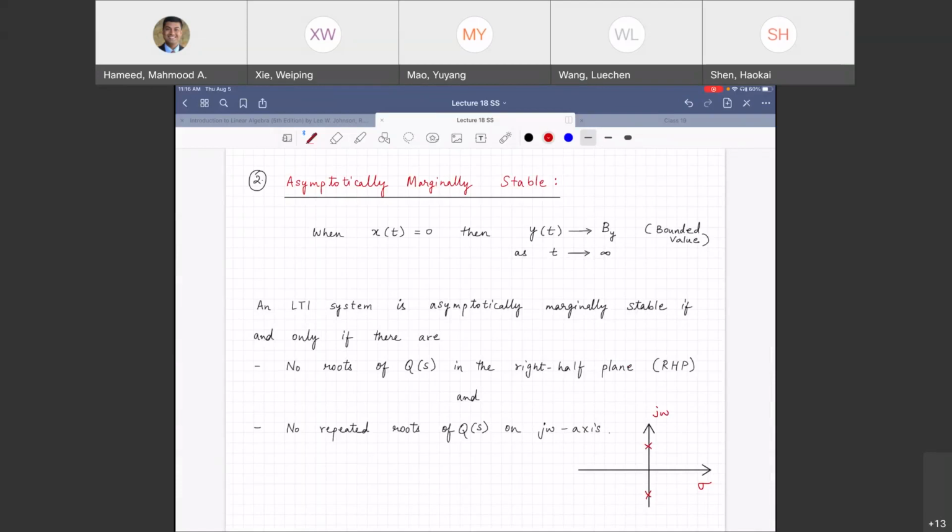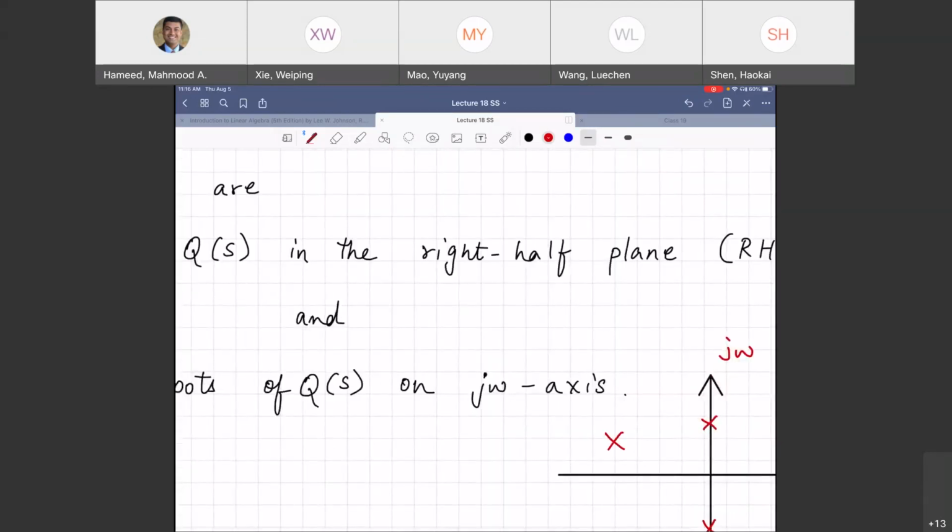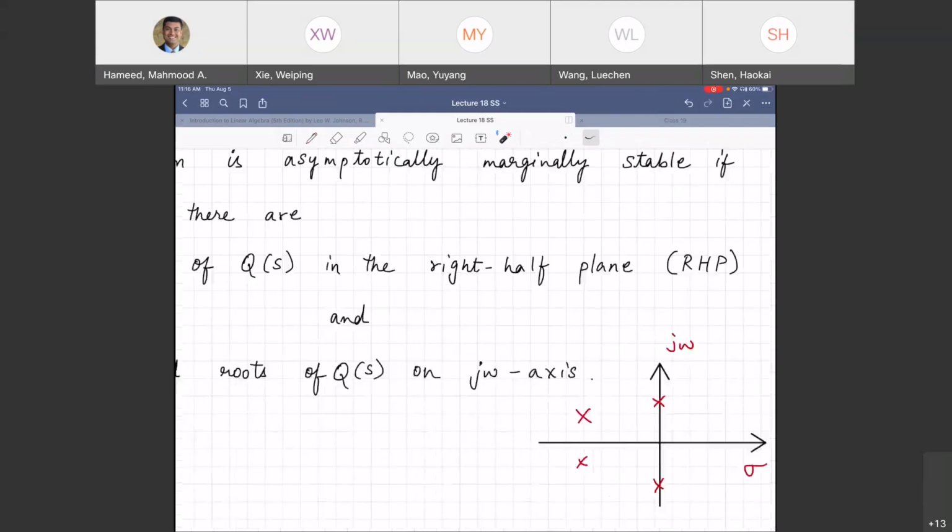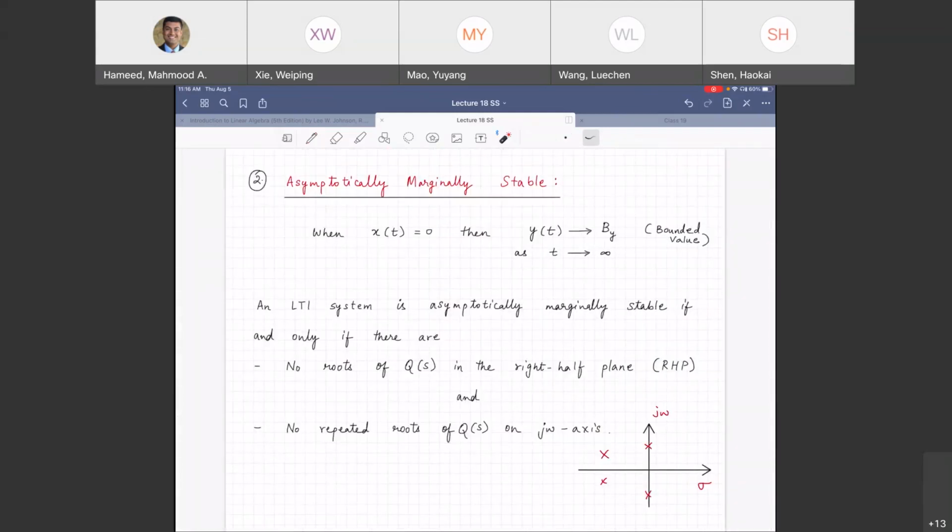Yes, so if you have it here and here, this is keeping it stable, but this is making it marginally stable. So you would call that marginally stable. Other questions? You just cannot have repeated roots, right? You cannot have multiple on the j omega axis at the same location. You can have them distinct, but you cannot have them multiple, repeated.